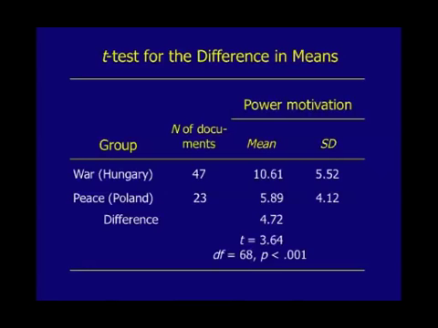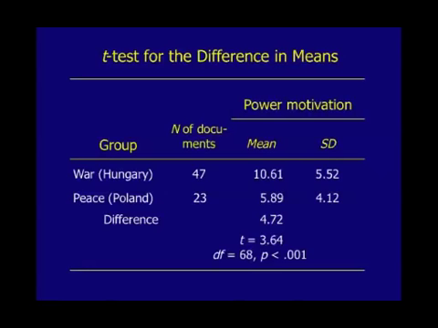Less than 1 time in 1,000 would we get a t-value that large. Or would we get a difference in means adjusted for the dispersion of cases in each group that large. And so we can say, yes, there's probably a significant difference in power motivation between the war and the peace crises.